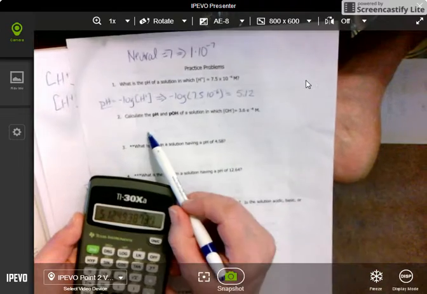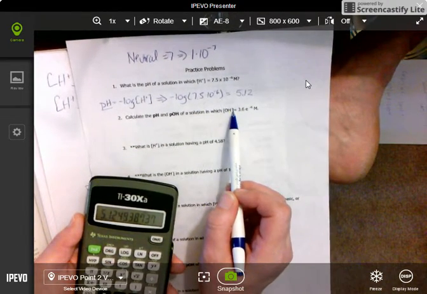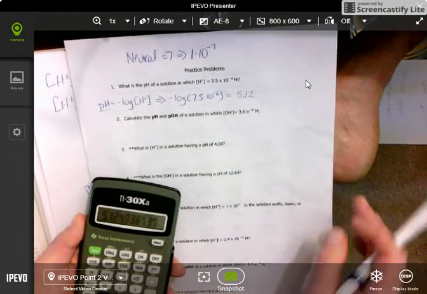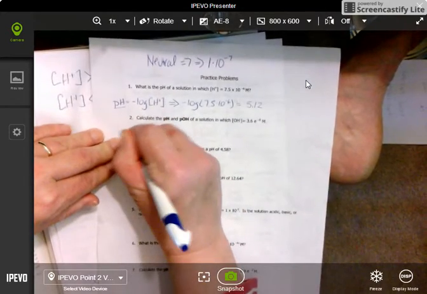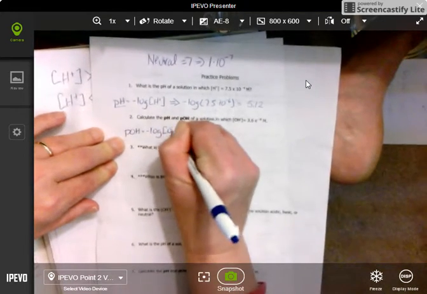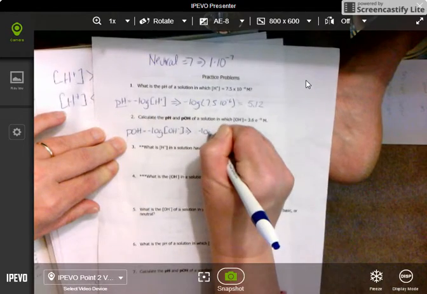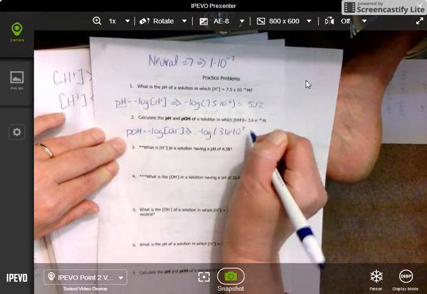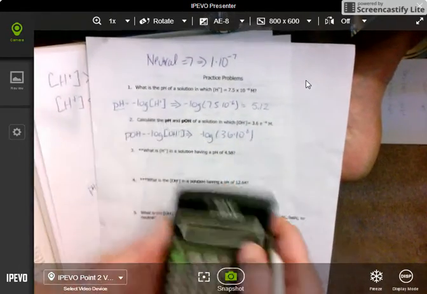Okay, let's do this one right here. Calculate the pH and the pOH of a solution of a hydroxide ion concentration. Okay, this is where I do think it's easier to use the pOH because this conversion here is very easy. So pOH equals negative log of hydroxide ion concentration, which is negative log of 3.6 times 10 to the negative 8 moles per liter of hydroxide ions.